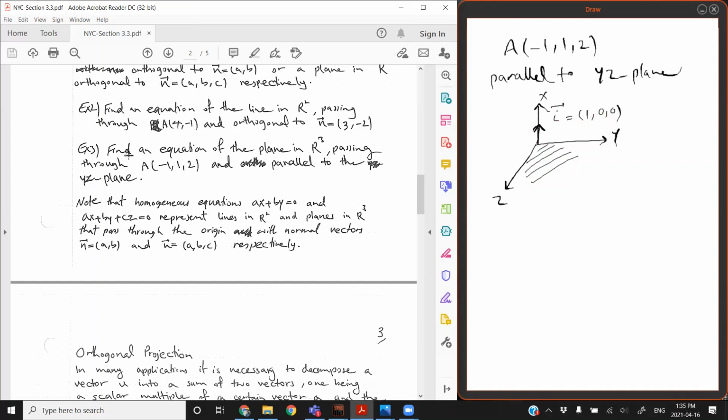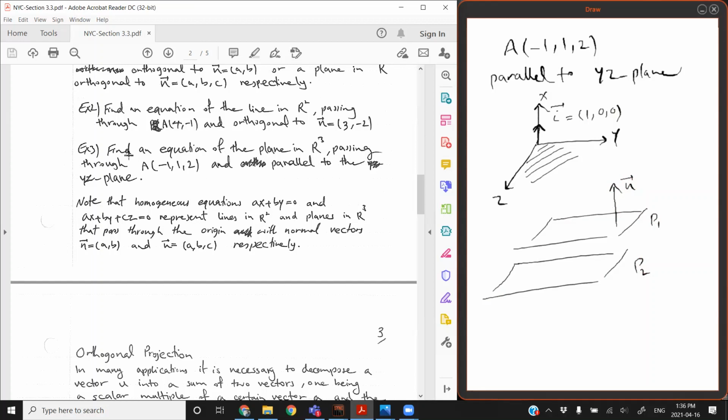because basically I'm looking for a vector that is orthogonal to the YZ plane. So don't forget that if I have two planes that are parallel, then a vector that is orthogonal to this one, let's say this vector n, that is orthogonal to this plane here, I'm going to call that P1, it is automatically also orthogonal to the other plane P2 as long as the two planes are parallel to each other.